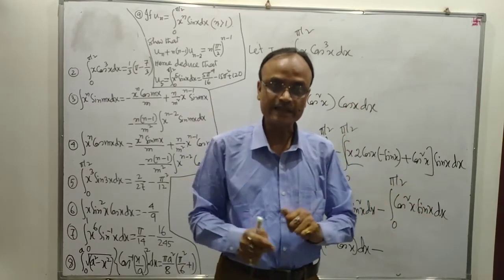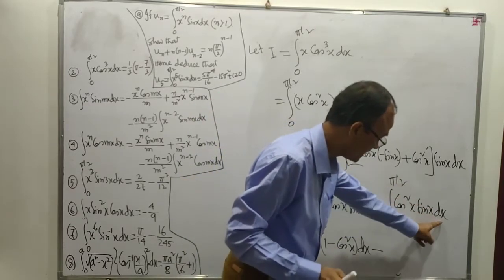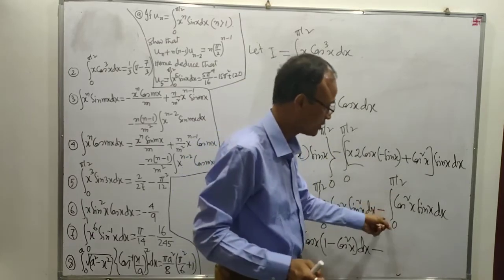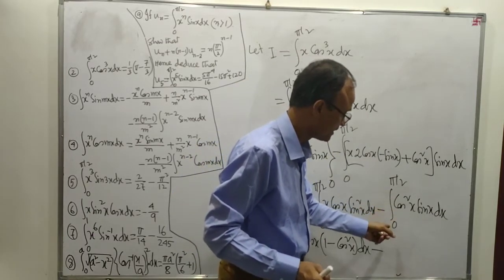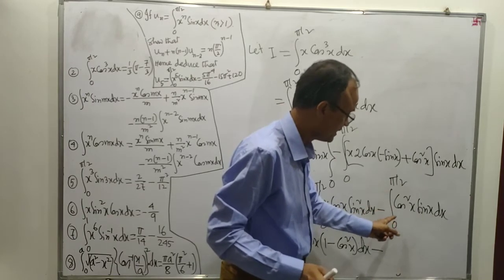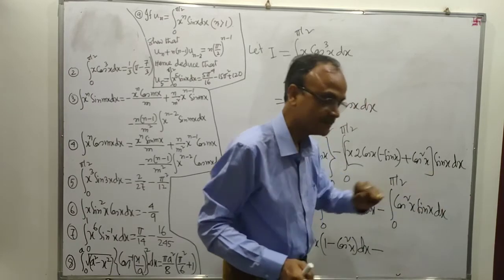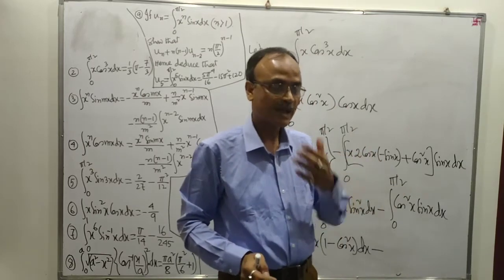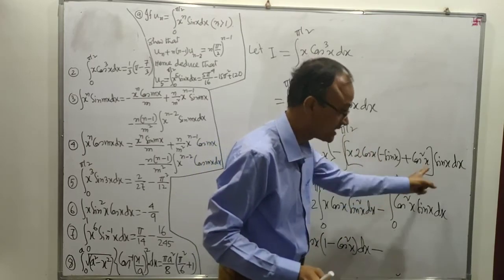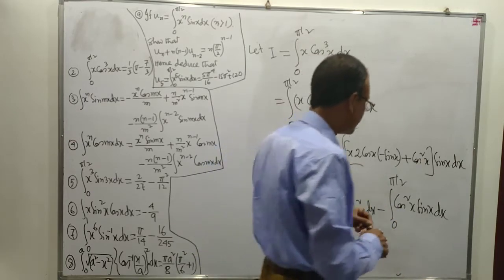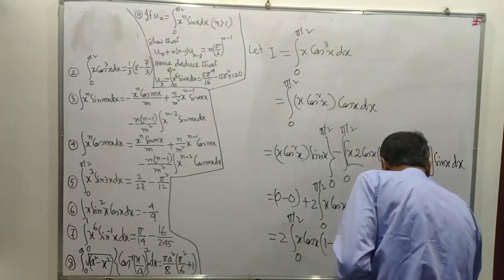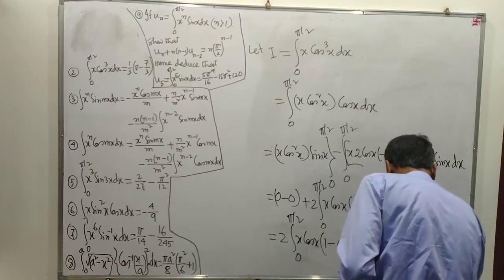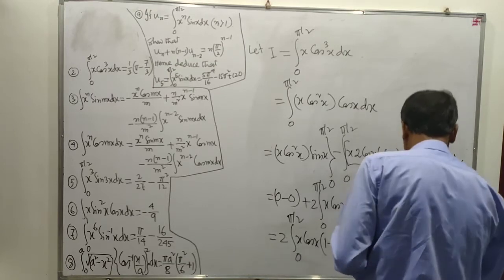Put cos x equal to z. Minus sin x dx will be equal to dz. What will be the integration of this? The integral of z square dz, with a plus sign. z cube by 3 means you will get cos cube x divided by 3, from 0 to pi by 2.